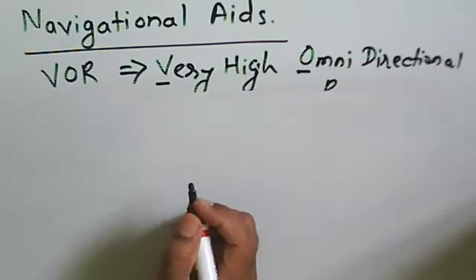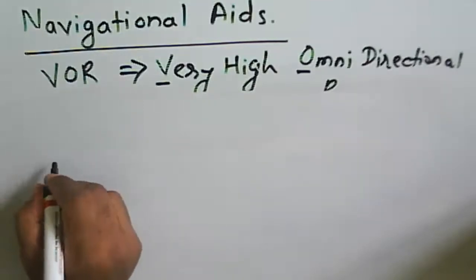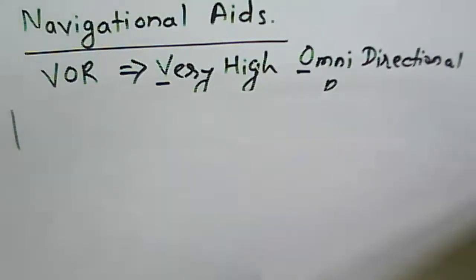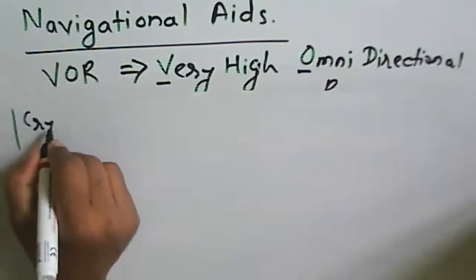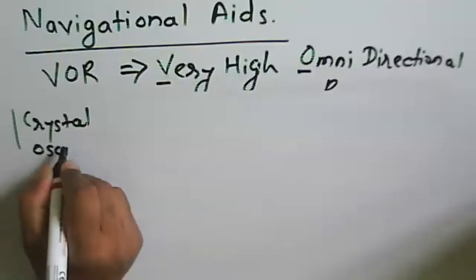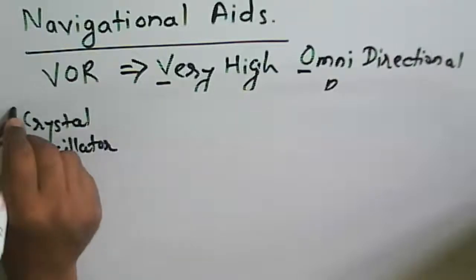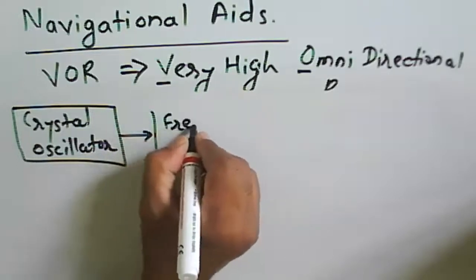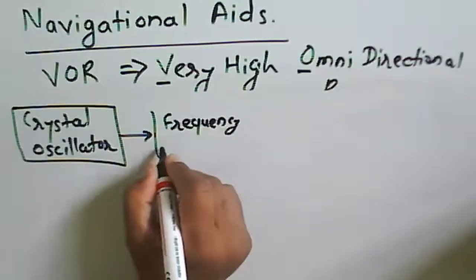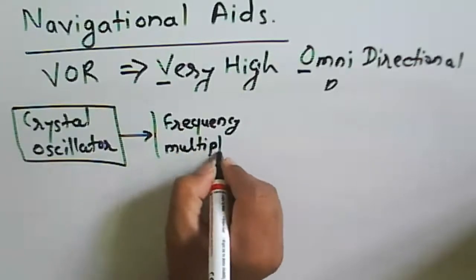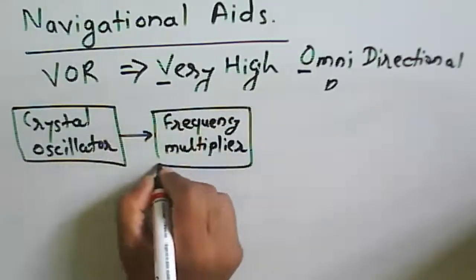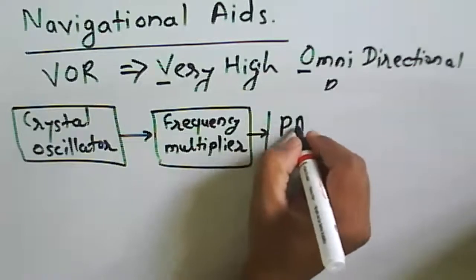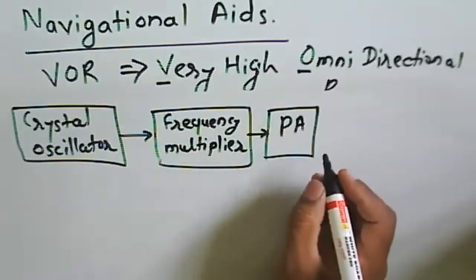So what are the various VOR ground equipment? VOR ground equipment consists of a crystal oscillator, because a signal is to be transmitted. So this one is a crystal oscillator. Then a frequency multiplier. Next is a power amplifier.